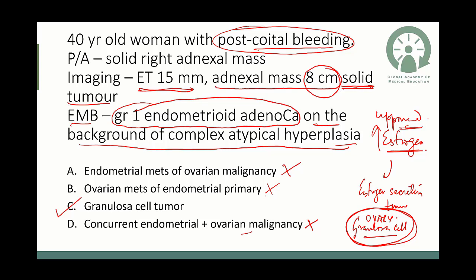Everything fits into the diagnosis of a granulosa cell tumor, because it is most often diagnosed with a postmenopausal bleed or a raised ET on screening. What I'm trying to say is that a granulosa cell tumor is often not diagnosed as a tumor first, but as endometrial hyperplasia first. Then when we do imaging and work up that endometrial hyperplasia, we find out there is something suspicious in the ovary.